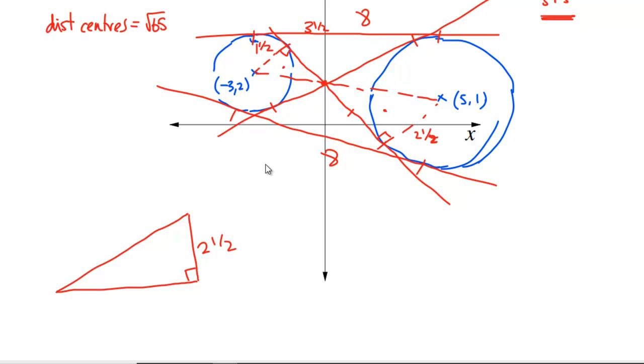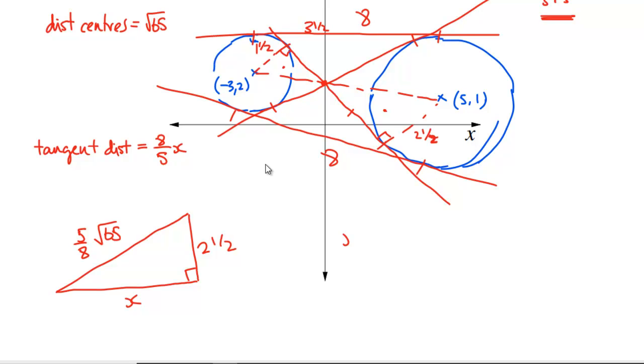This is going to be 5/8 of root 65. And this is going to be some distance x. At the end of it all, the thing we're trying to work out, the tangent distance, we need to scale it back up because that's going to be 5/8 of the tangent distance. So we're going to need to multiply it by 8/5 at the end, and that's what we're working out.